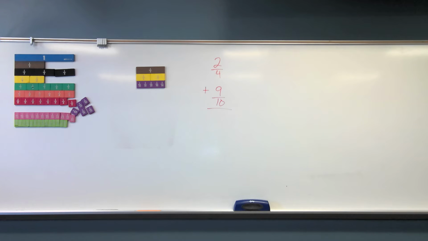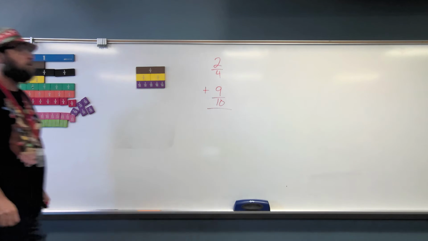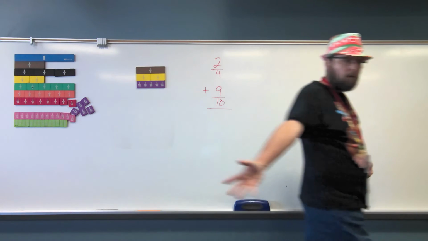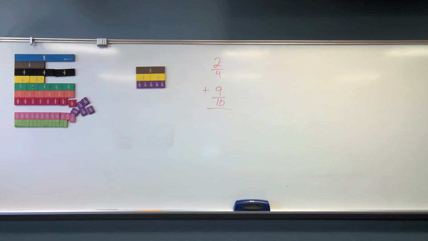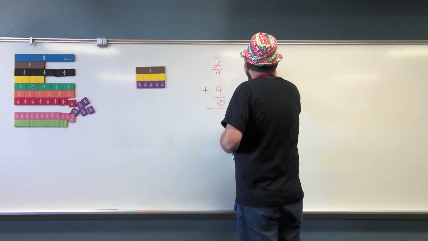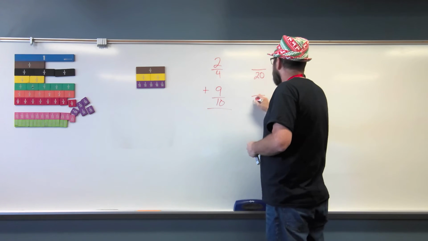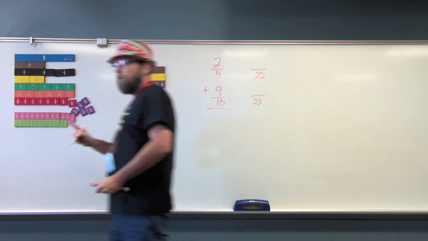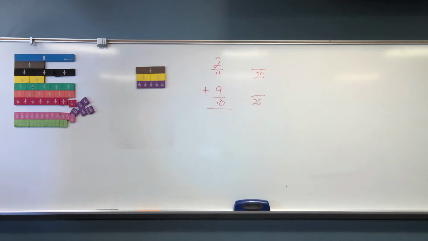The first one that's in both would be the least common denominator. 40 would work. I know of one smaller though. 20.